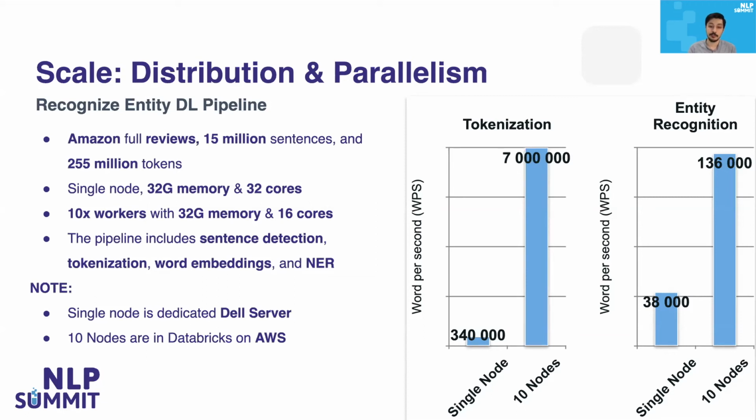On the other hand, for entity recognition, we reached 38,000 words per second compared to 136,000 words per second when we went to the cluster. It's not a linear 10 times faster, but it did scale over 10 machines. And we rounded down numbers, I mean, way down, to be fair.